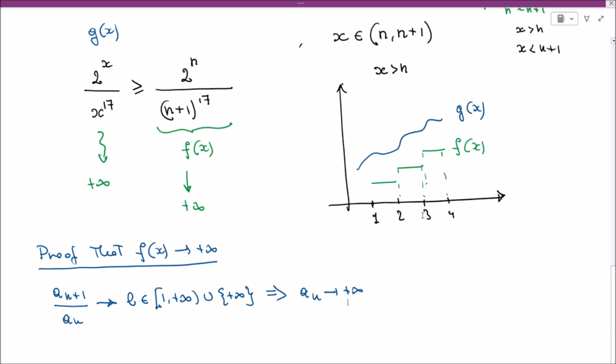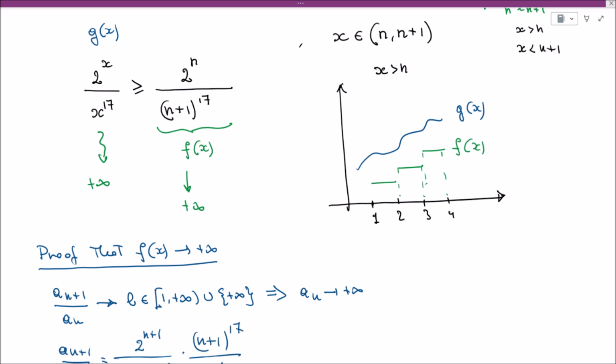So a n plus 1 divided by a n is equal to 2 to the n plus 1 divided by n plus 2 to the 17, times n plus 1 to the 17 divided by 2 to the n.